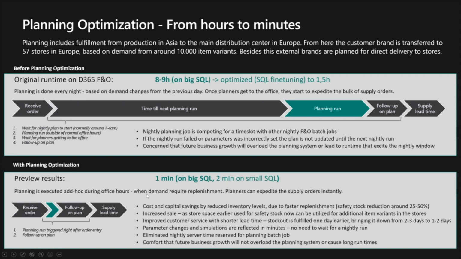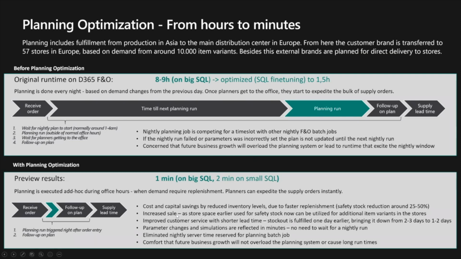This gave them a lot of benefits. Of course, they could run it during office hours, and because they could run it so frequently, they could reduce the inventory levels due to the demand during lead time. When the lead time was reduced, they could reduce the safety stock. This gave them a cost reduction.